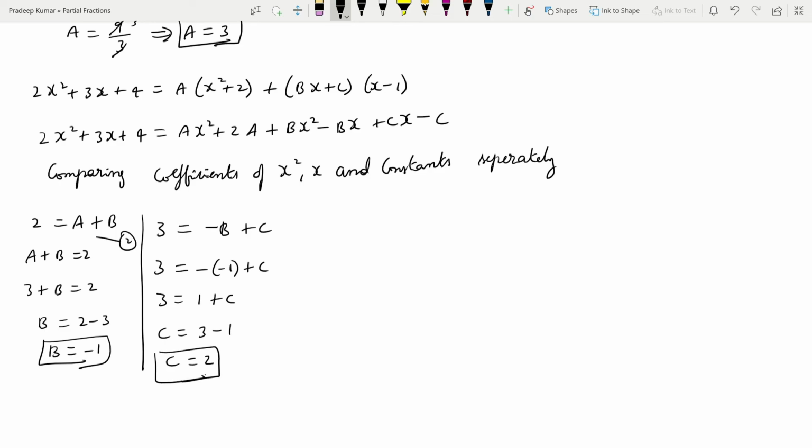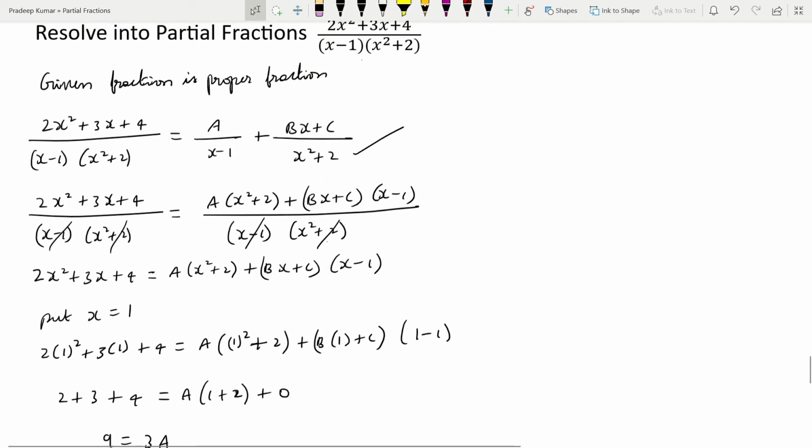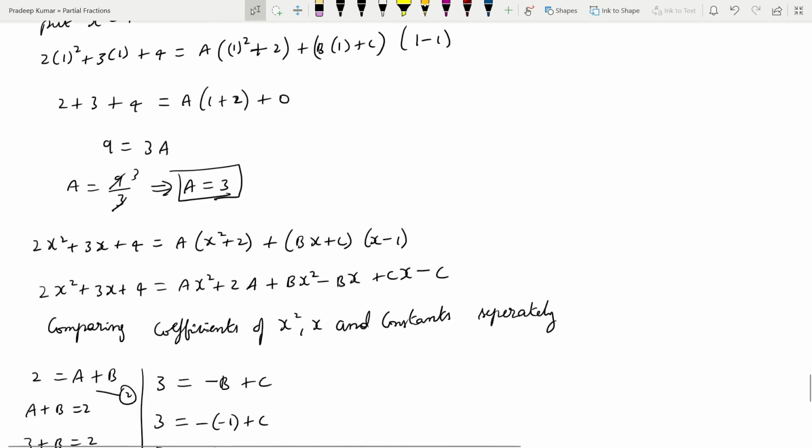Alright, a value we got as 3, b value we got as minus 1, c value we got as 2. Alright, so all of these values we'll just substitute in the above equation. So in this particular equation we'll substitute the a, b, c values, and that gives us the final answer.